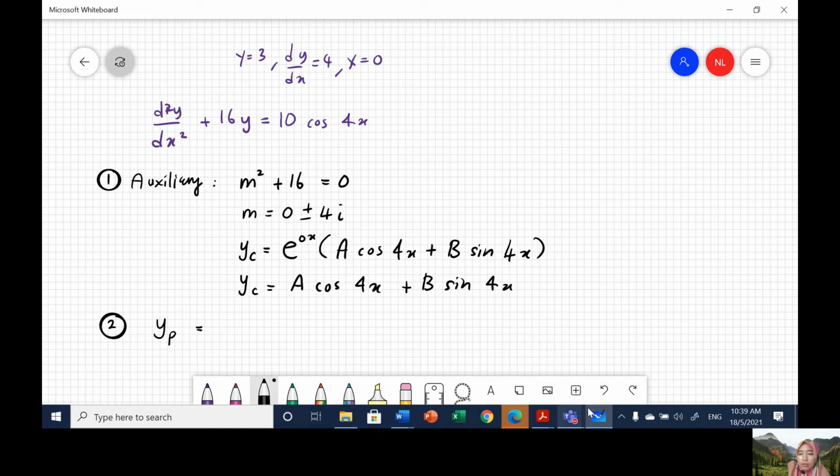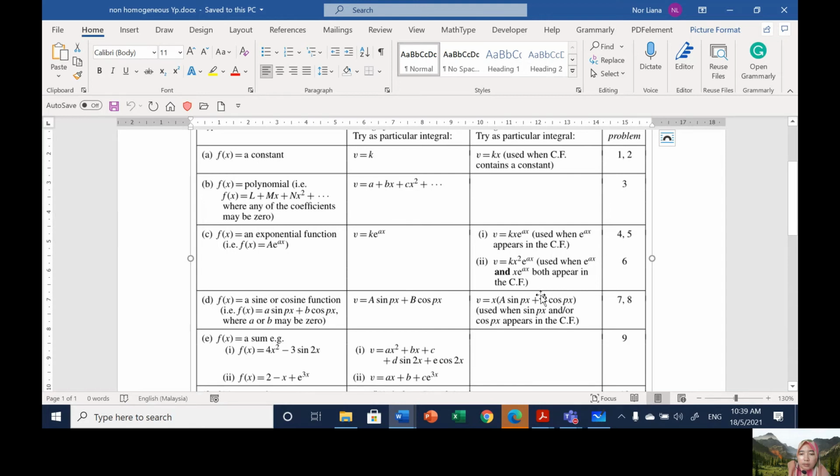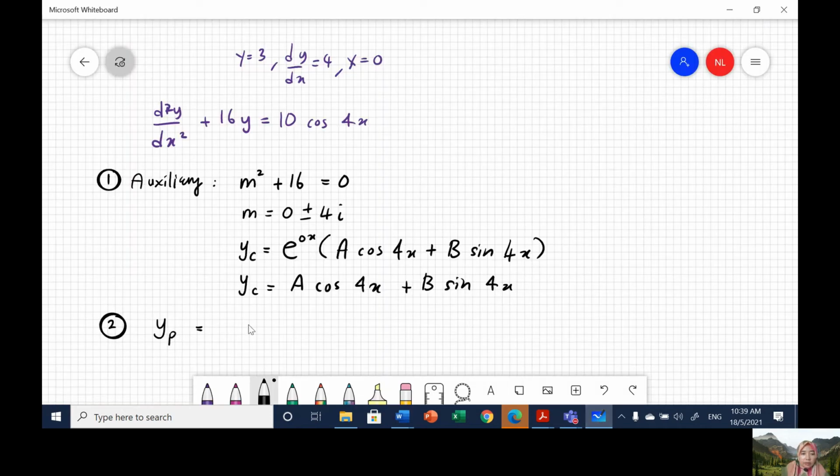So your yp will be x times this bracket. We use a different symbol for the constants: C cos 4x plus D sine 4x.